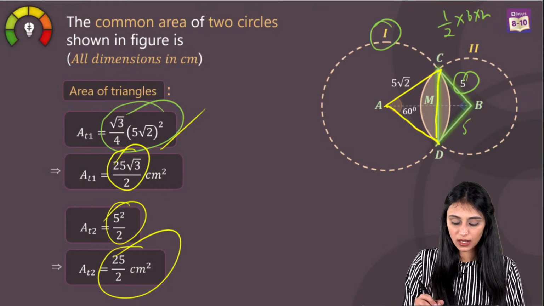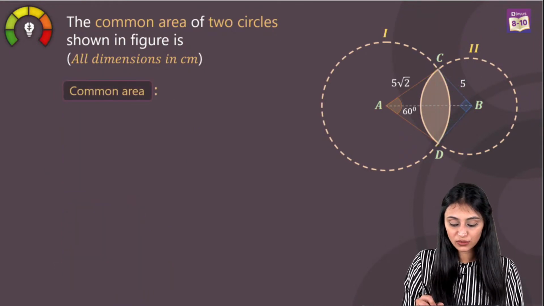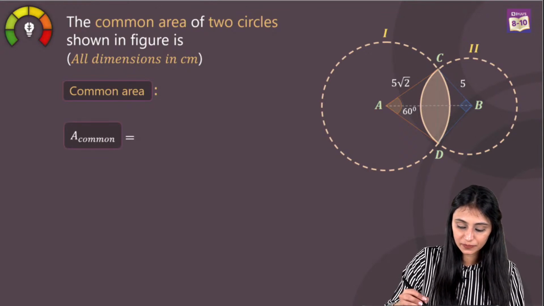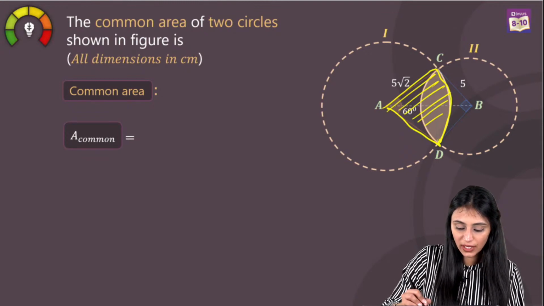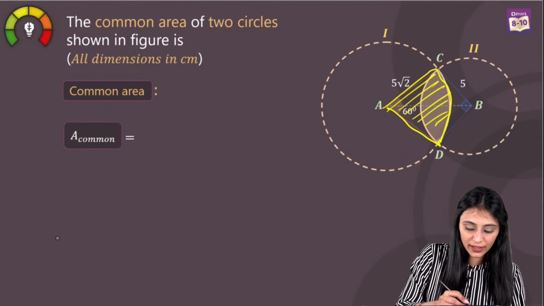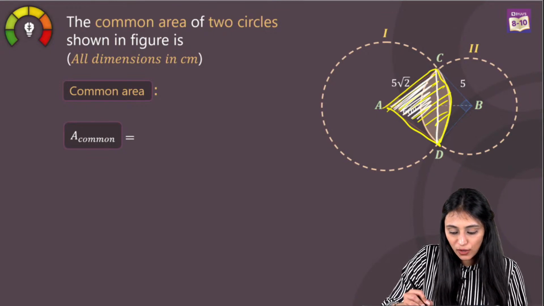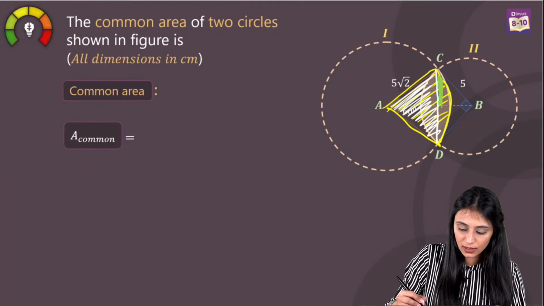Alright, so we have got the area of the triangles now. How to find the common area? To find out the common area, first from this sector, this is the sector that we have, if I subtract this area of triangle, just watch this carefully. If I subtract this area of triangle, what are we left with? We are left with this green region.